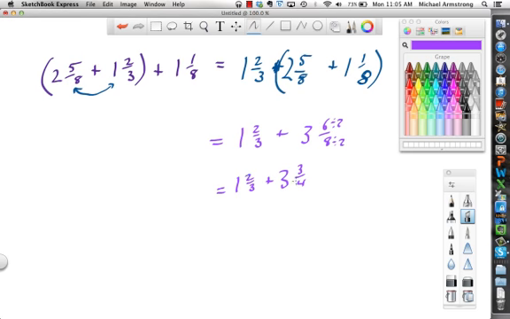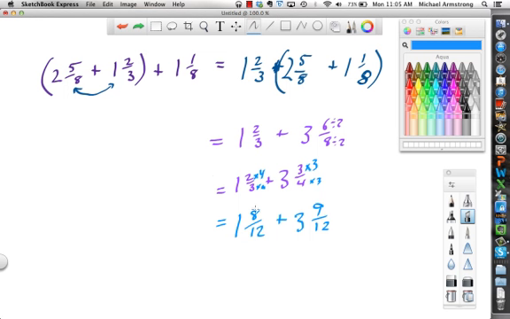Then we can find a common denominator of 12. So 1 and some number of 12ths plus 3 and some number of 12ths. And then we look here, 4 times 3 is 12. So 3 times 3 is 9. 3 times 4 is 12. So 2 times 4 is 8. 1 and 8/12 plus 3 and 9/12.